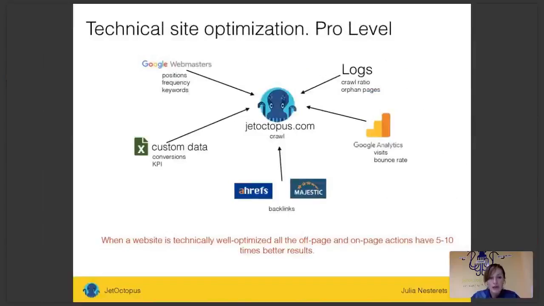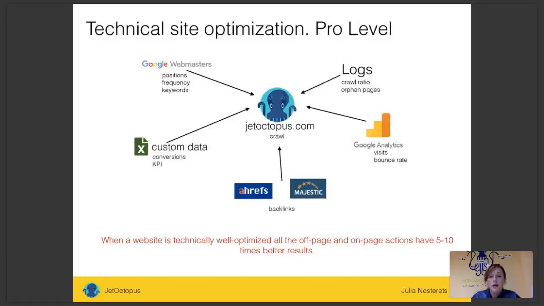Our perception of technical site optimization is that it is not only about crawling the website. Crawling is just the first step, and you get around 30% of the information: the major problems, major errors, interlinking issues like DCIs, etc. But for a pro level of technical optimization, when the website is 100,000 pages plus, it is more essential to have as much data as you can.